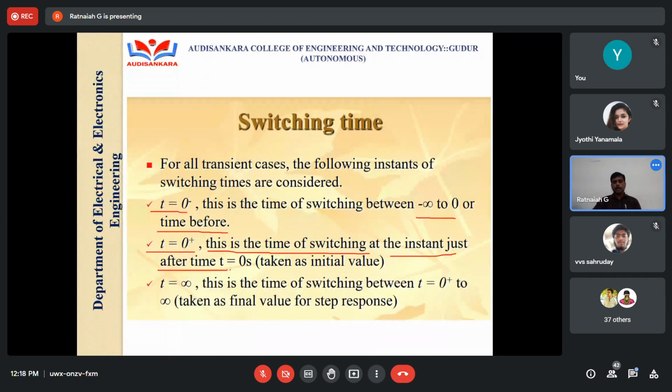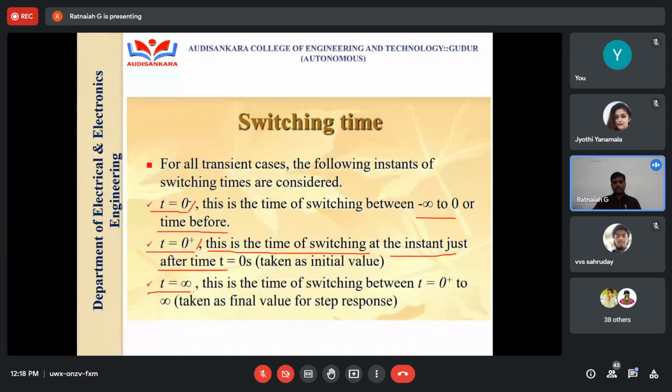That means immediately after closing the switch, that indicates t equal to 0 plus. t equal to 0 minus means before switching. t equal to 0 plus means initially, or immediately after closing the switch, what is the response?